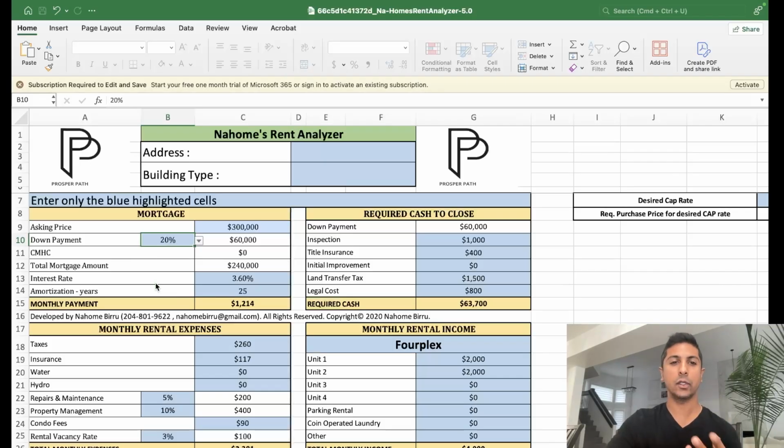Based on a 20% down payment, it's already telling me that my total mortgage is going to be $240,000. Now, let's say the interest rate is 3.6, right? So the first thing you need to figure out is your purchase price. The second number is your down payment, what's the percentage.